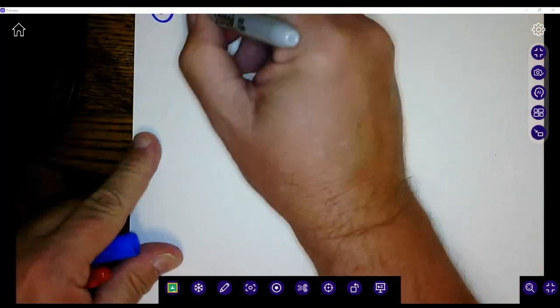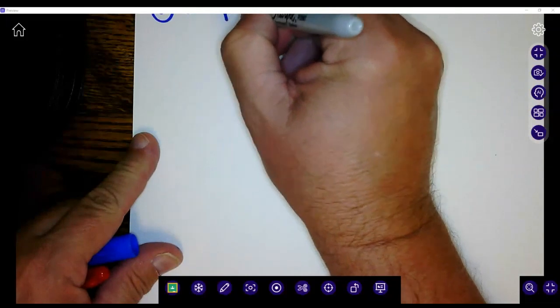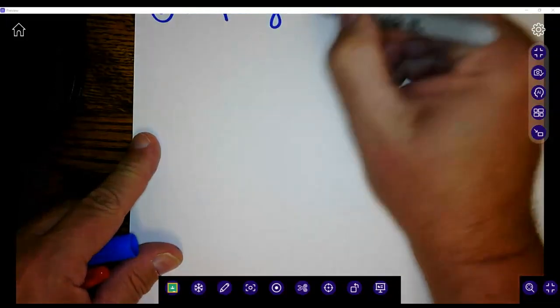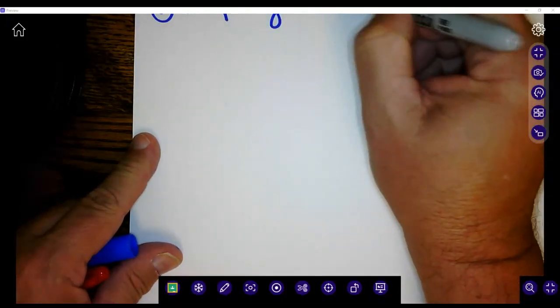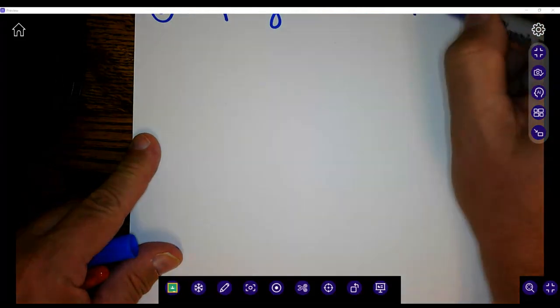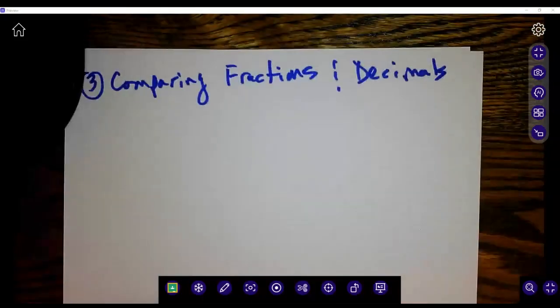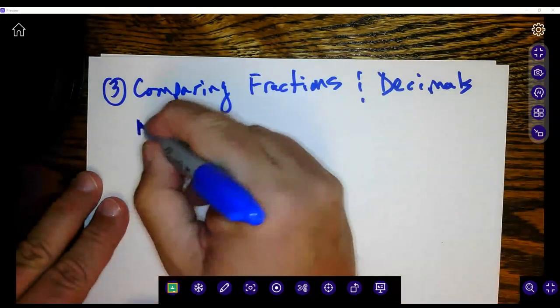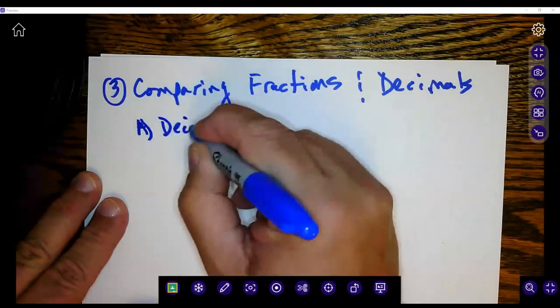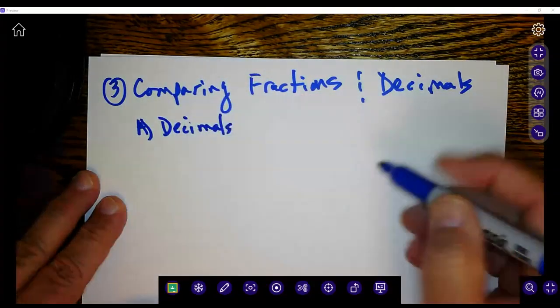Then the third thing that we did was we looked at comparing fractions and decimals. All right, comparing decimals is fairly easy.